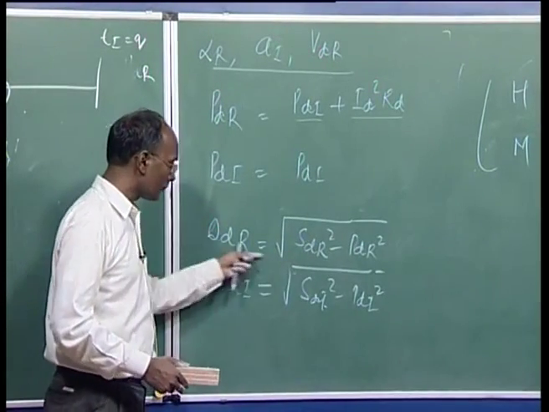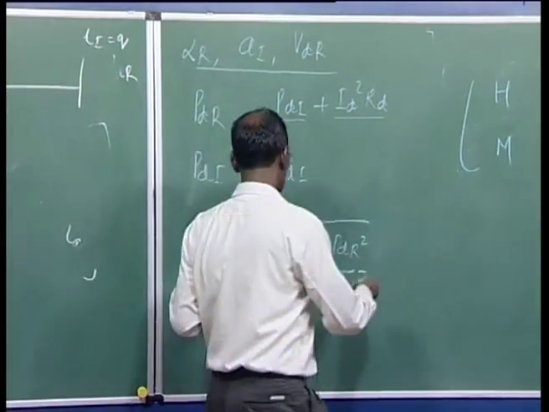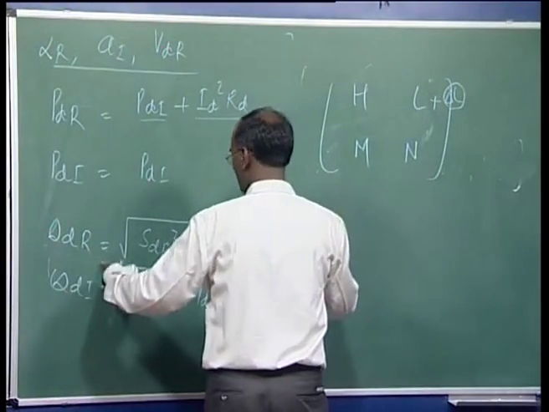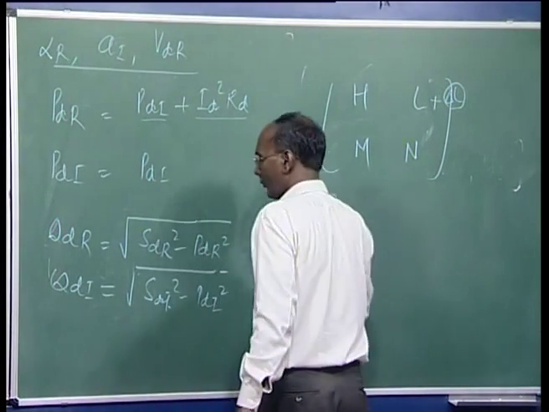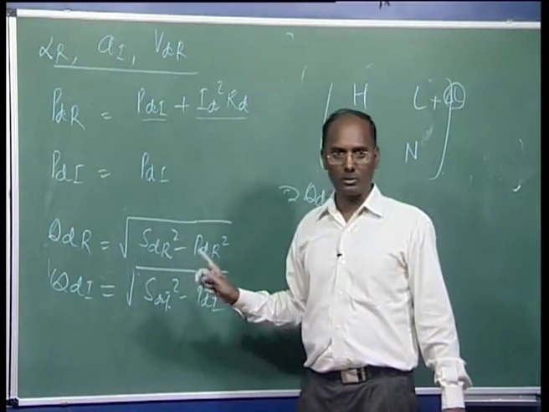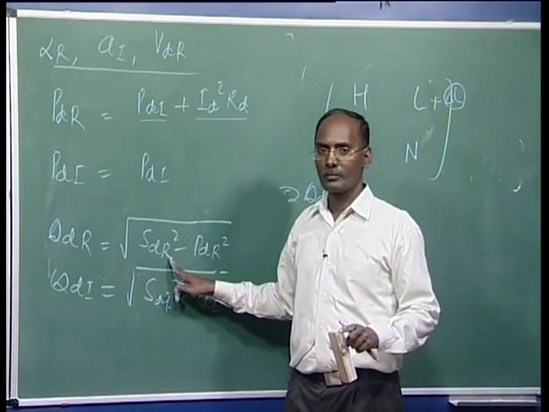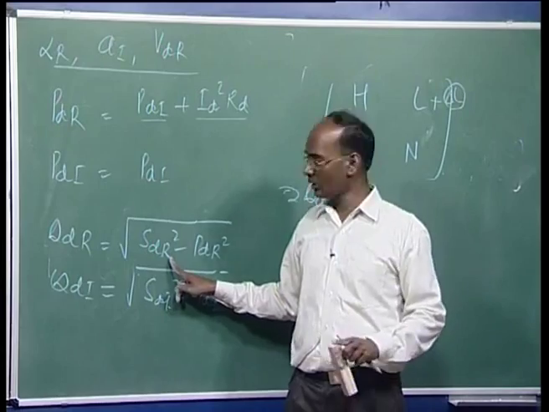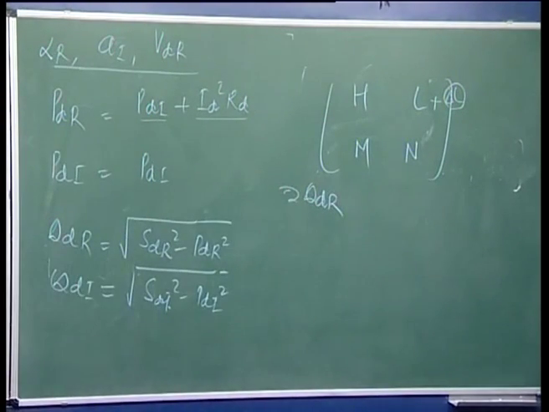So, what happens if you differentiate this? In general you differentiate this QDR. We will also find VTI is 0, because this SDR is a function of only VTR. The VTI is 0, so the corresponding term will also be 0, and that is why it is written here.